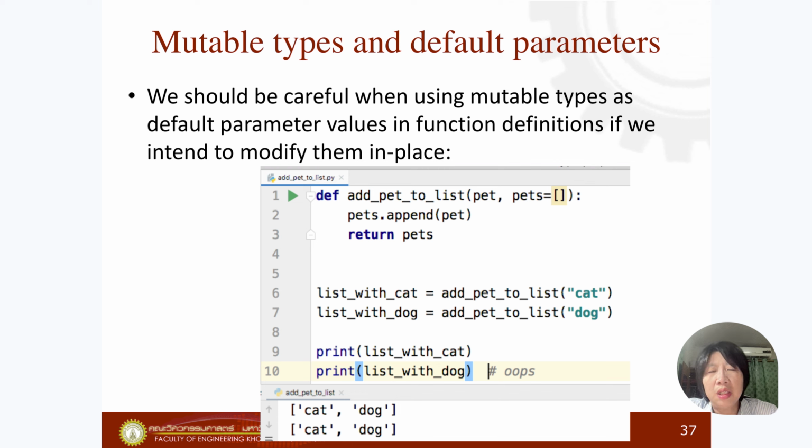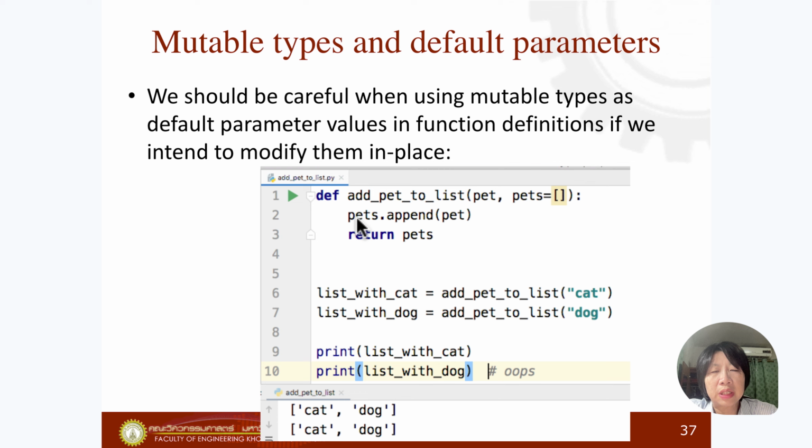And in Python, we need to be careful when we use mutable types as default parameter values in a function, if we intend to modify them in place. So here, we define the function add pet to list, and we have two parameters: the pet to add to the list, and the second parameter, pet list equal to an empty list.